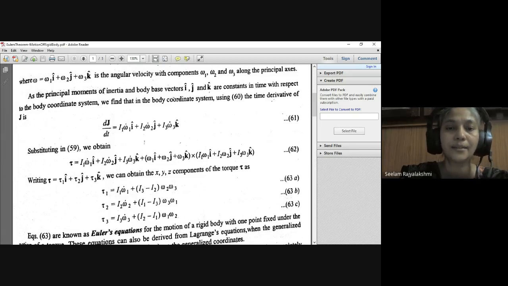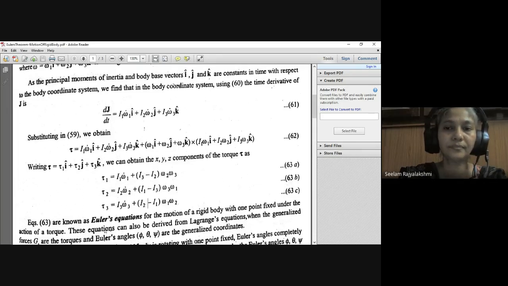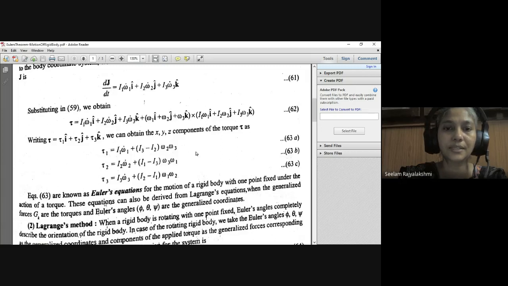That means by crossing these two and adding, and by taking common omega 2 omega 3 here, omega 3 omega 1 here, and omega 1 omega 2 here, we will obtain these expressions. So these are the equations 63a, 63b, 63c. Total, this is the equation number 63.